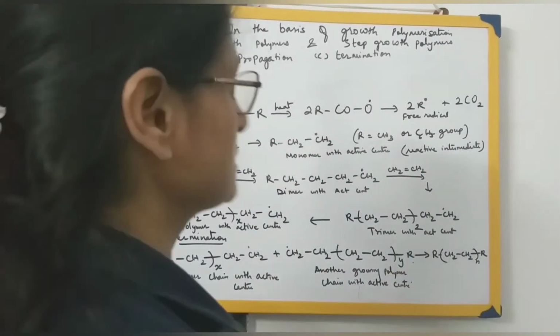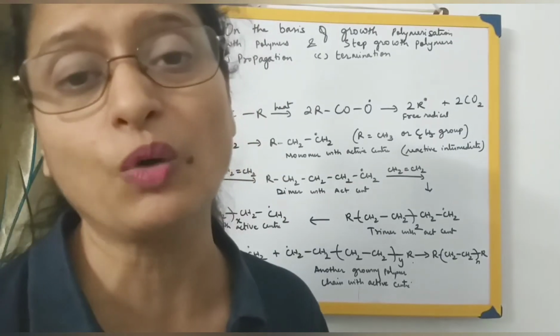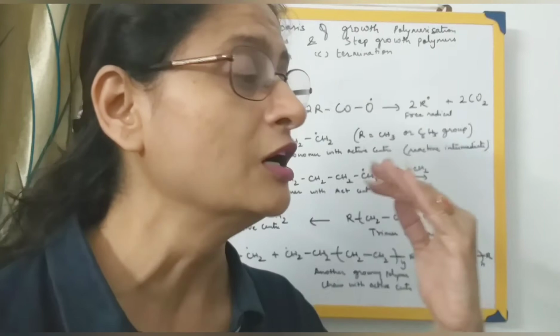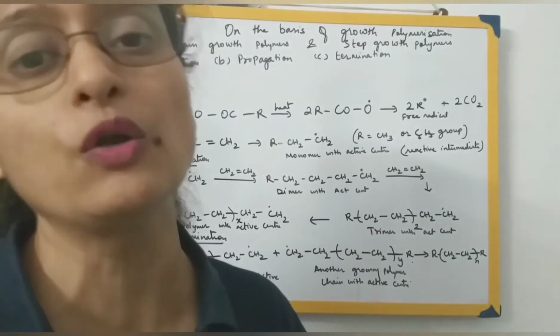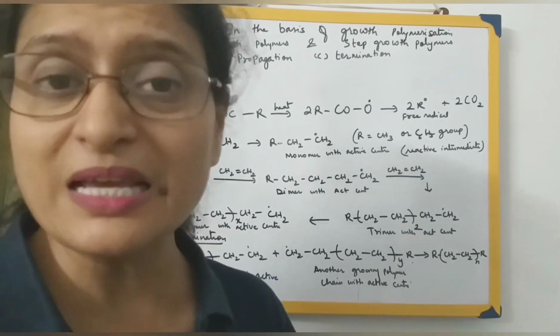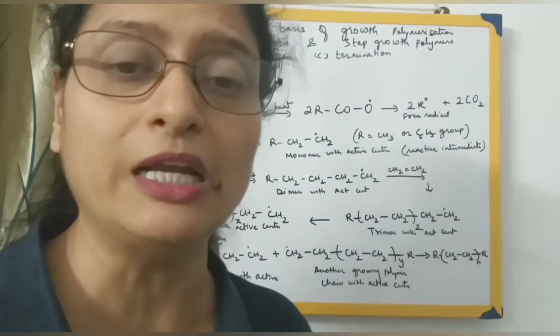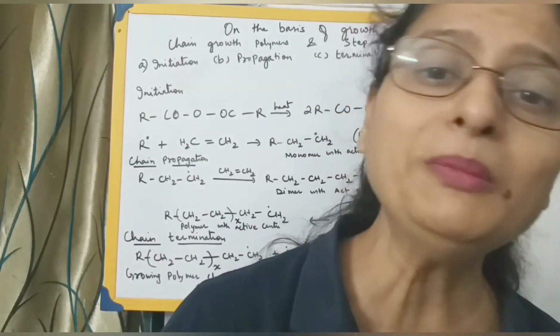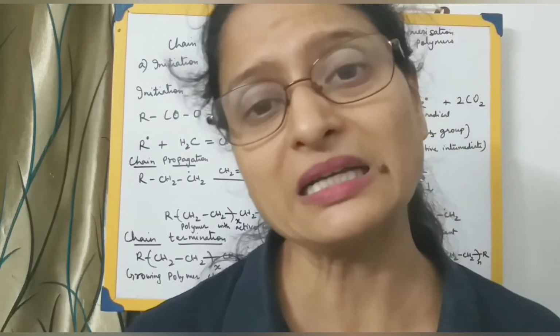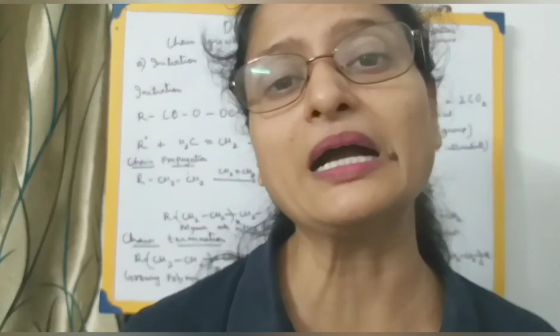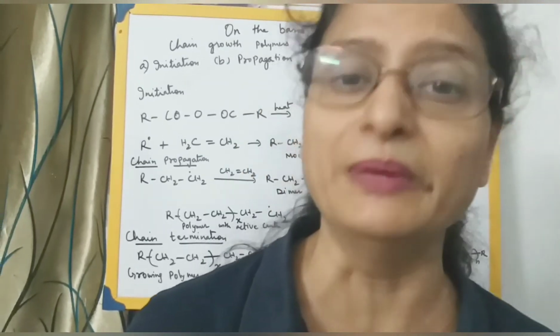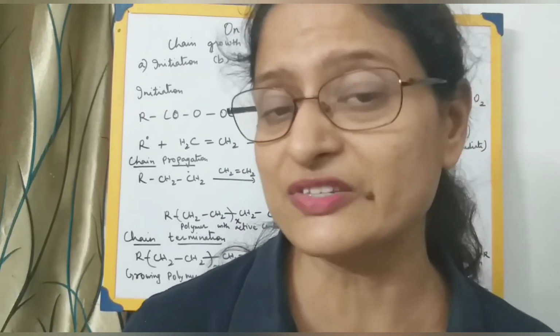Once more, let me make it clear to you. Chain growth polymerization, what does it mean? It is how the growth of a monomer unit takes place, leading to the formation of a long chain. Exactly how does it take place? In short, a reactive intermediate is formed. It can be either free radicals, carbocations, or carbanions. Those are very reactive centers.